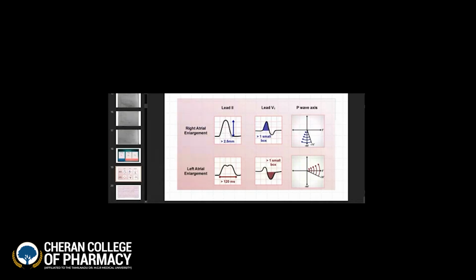If the P wave size is enlarged beyond one small square, covering 2, 3 small squares, that is known as right atrial enlargement. A normal P wave would be smaller, but if the P wave height is enlarged, you will be able to see it in the ECG. I am about to show you that ECG as well.